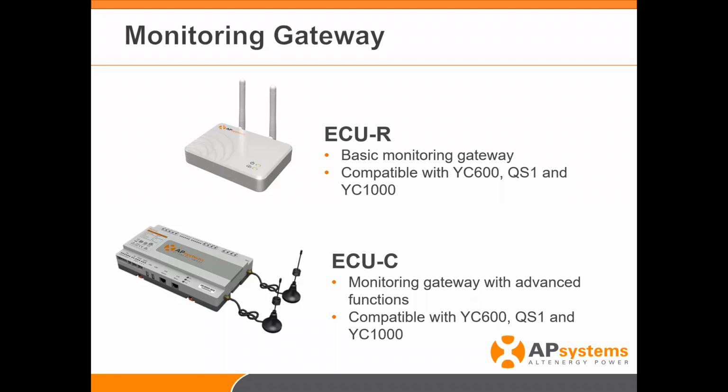The ECUC adds a bunch of different advanced functions, including current transformers and relay control. We can use this in a three-phase environment and monitor all three lines of voltage, with the current transformers for production and consumption, for use in places where, for example, you can't put anything back on the grid, like a zero export situation.